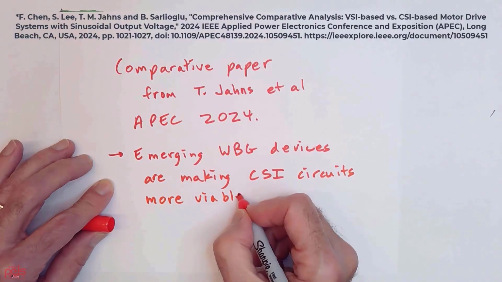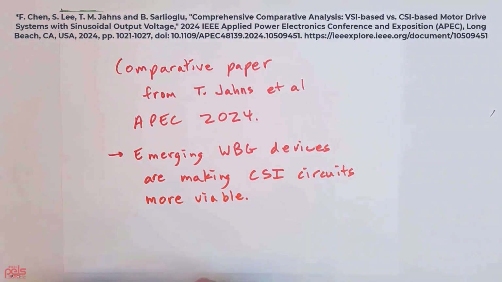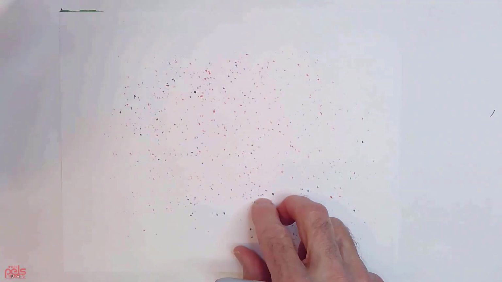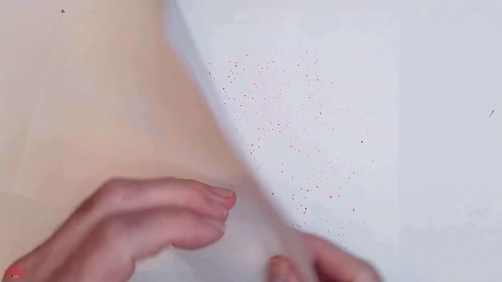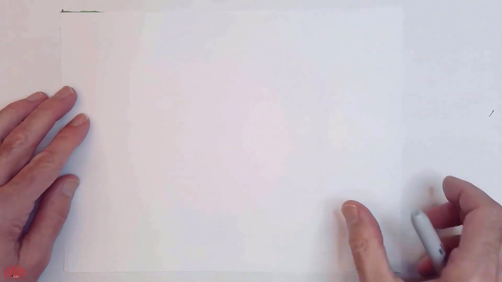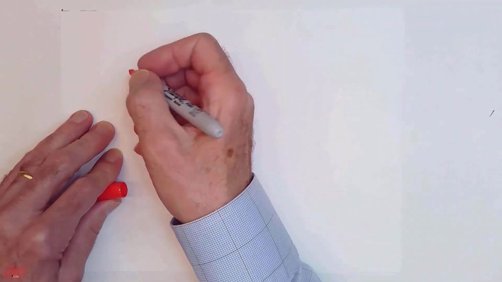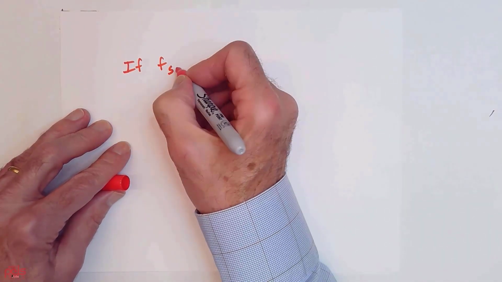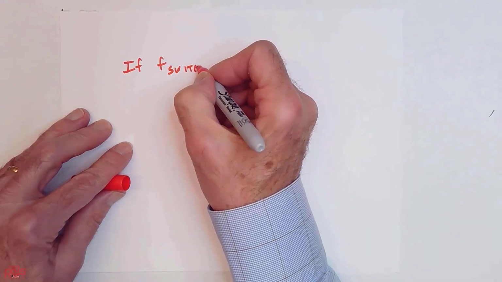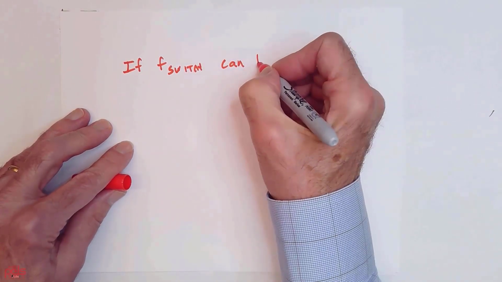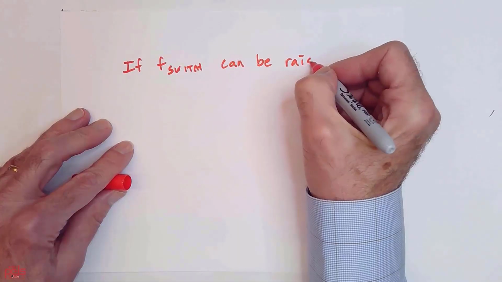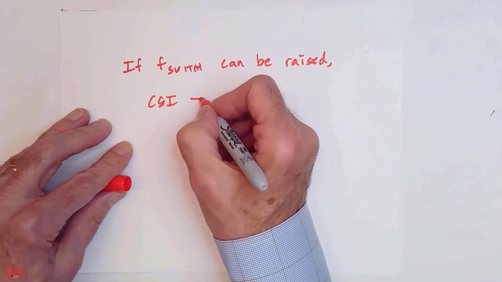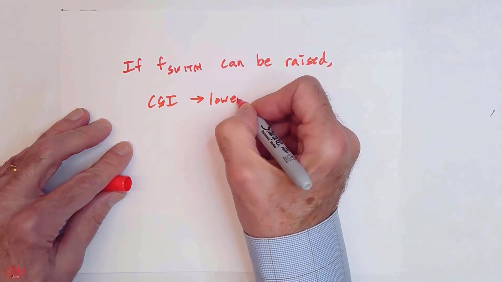They're actually even able to show controls that generate much lower total harmonic distortion in the load side currents. That's not that fundamental, but especially if the switching frequencies can be raised, which they can with wide bandgap, CSI can lead to lower current distortion.